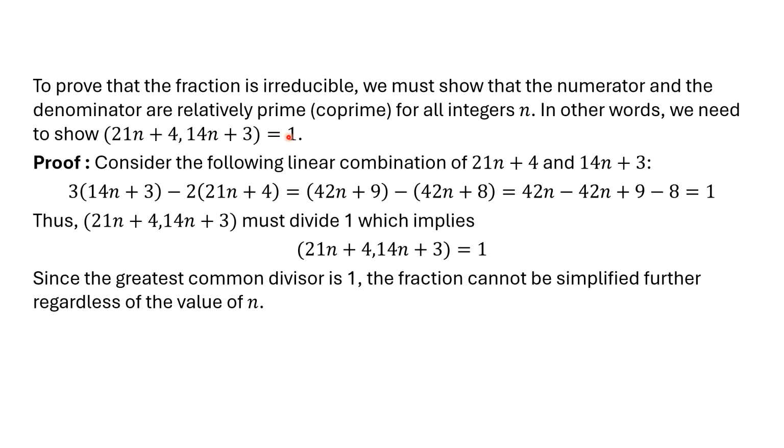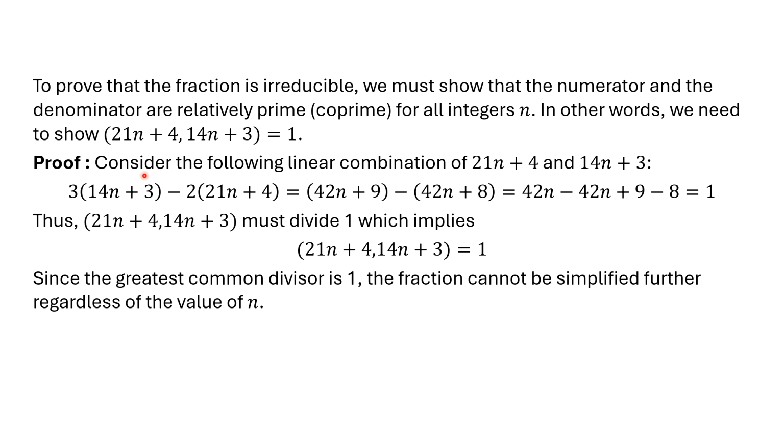And just as a reminder, irreducible means that you don't have any common factors in the numerator and denominator. So for example, 4 over 8 is reducible because you can divide a 4 into the numerator and the denominator and get 1/2. So we want to show irreducible for these two terms here.